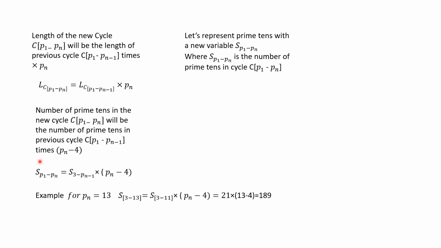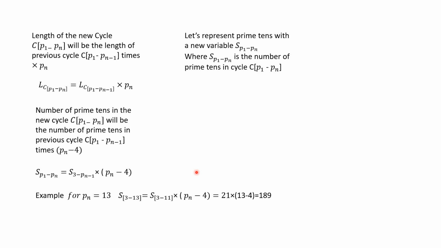This will be the equation. So the number of empty boxes in the new cycle P1 through Pm will be equal to the number of empty boxes of the previous cycle times Pm minus 4, that we already studied through the combination process, right?